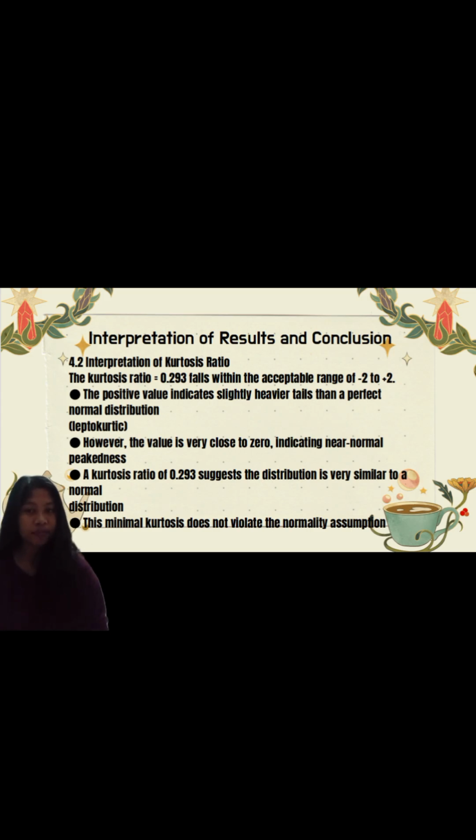This positive value indicates that the distribution has slightly heavier tails than a perfect normal distribution. However, since the value is very close to 0, it means the distribution is nearly normal. Therefore, the kurtosis value does not violate the normality assumption.